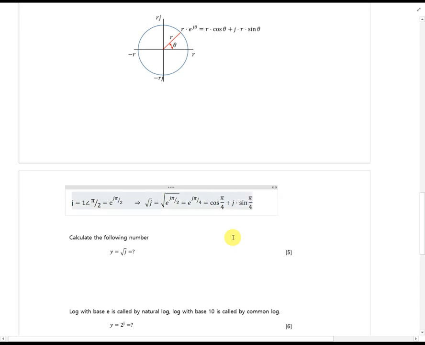This is 1 over square root 2 times 1 plus j. This is the result.